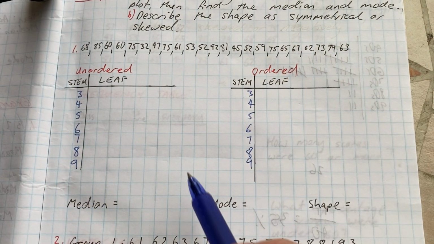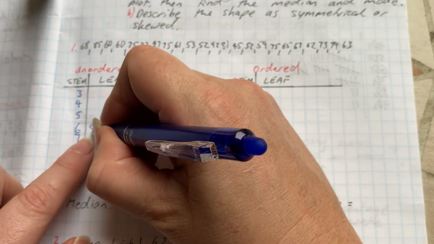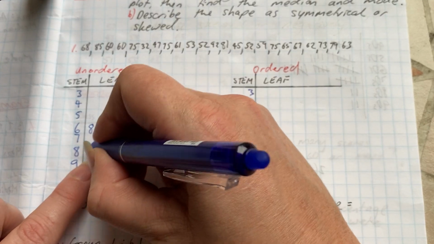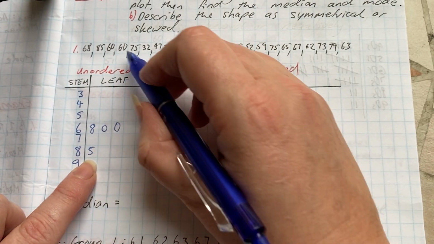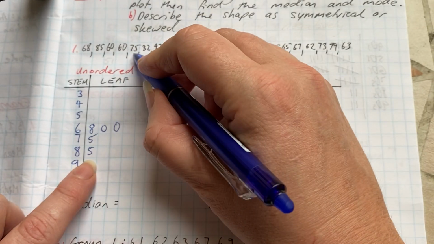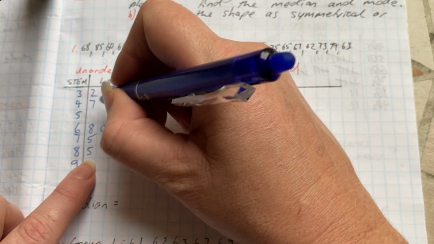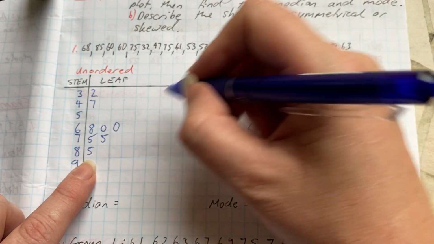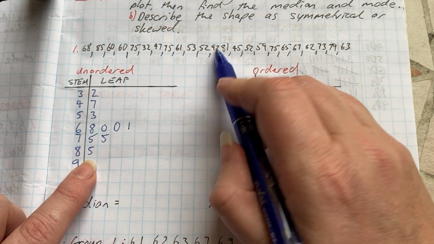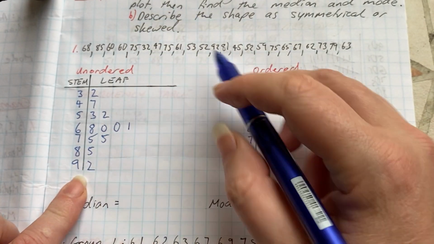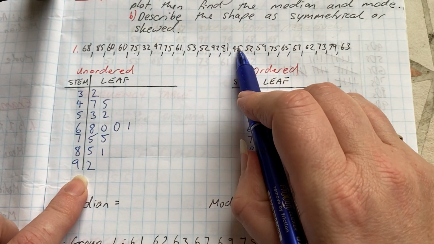Now, for the ones digits, we can just go through number by number. So 68, we just put the ones digit there. 85, 60, so I just put a 0. 60 again, I just put the 0. 75, I just put the 5. 32, I put the 2. 47, 75, 61 and 53, 52, 92, 81, 45, 50.